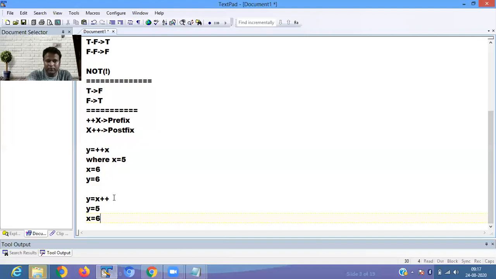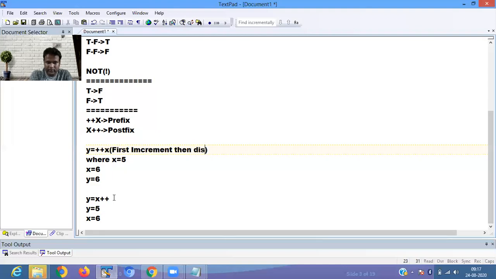In the prefix case, first increment, then display.